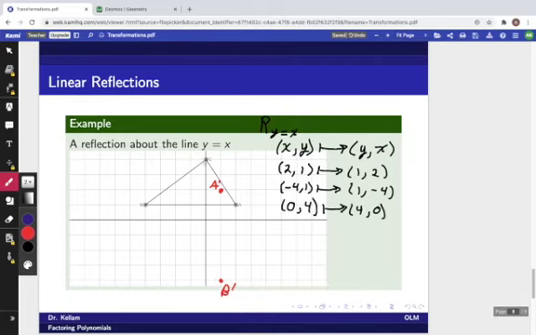And then my C is going to be 4, 0, so it's going to come to here, and this is my C prime. Again, our shape remains the same, but its reflection works out in this format.